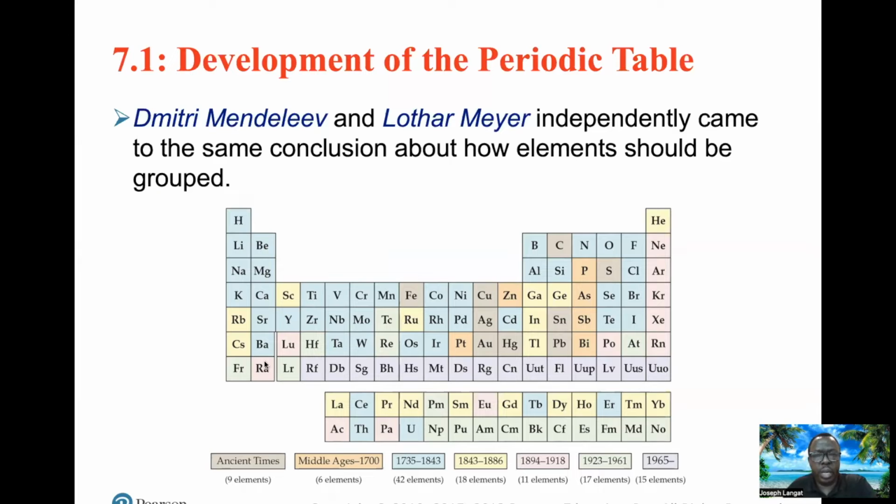Initially there were only about 9 known elements to begin with, and scientists didn't have any problem maybe memorizing their physical properties and chemical properties. But if you look at the discovery in the early or mid 17th century, several elements were discovered, right?